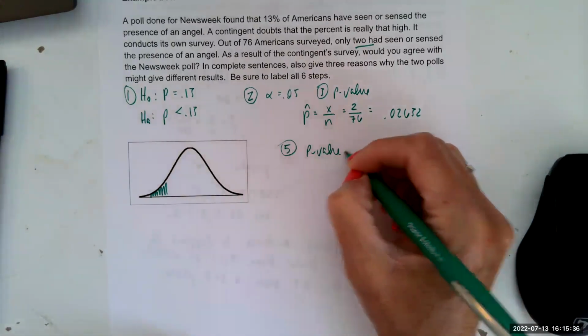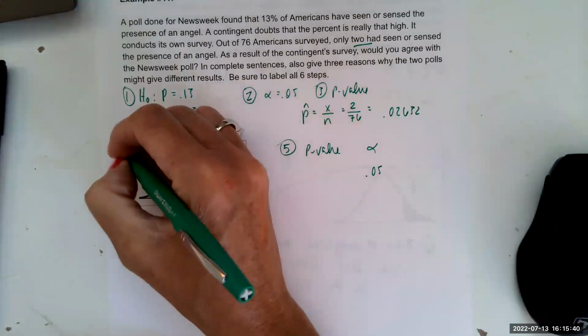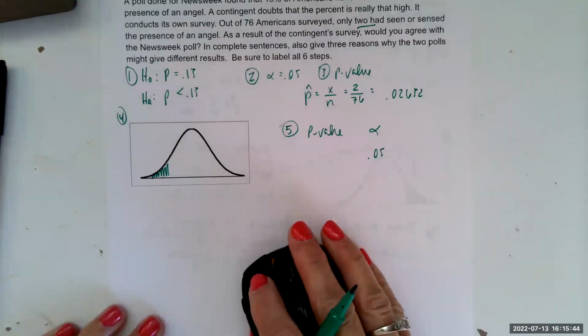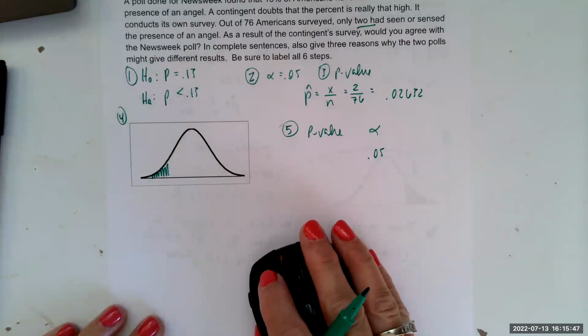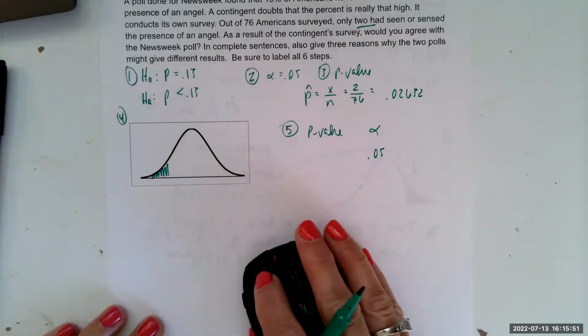So let's go ahead and look at our p-value compared to alpha here. And we'll go to Desmos to do that. And then we're going to see what we agree with, Newsweek or not.